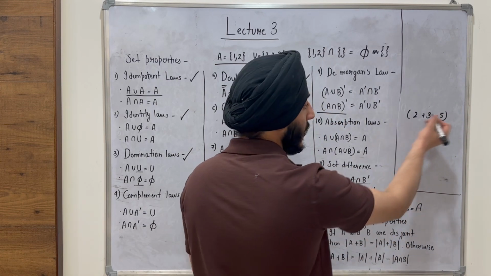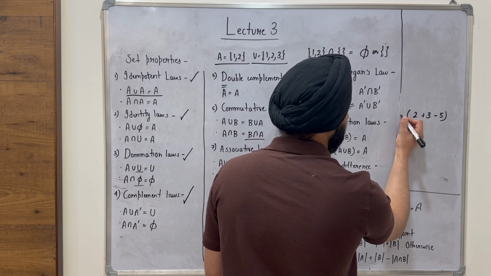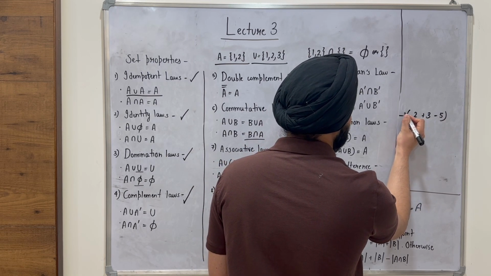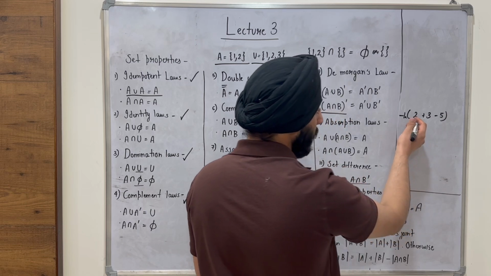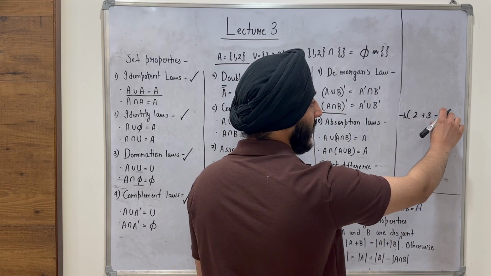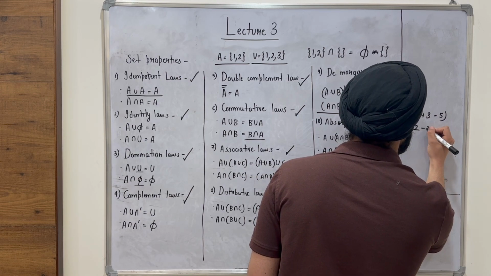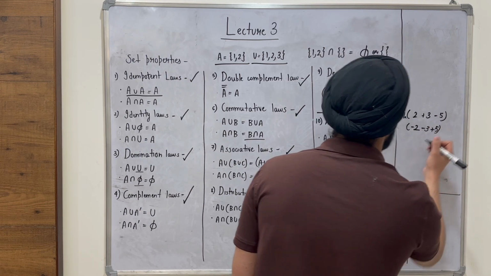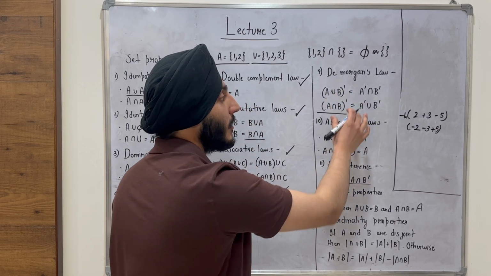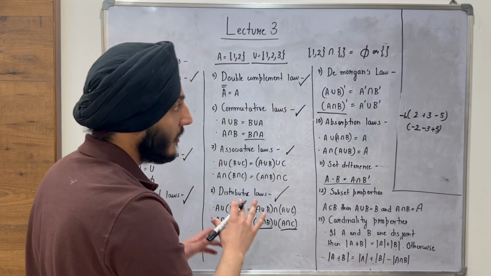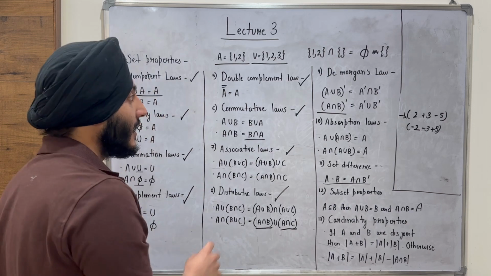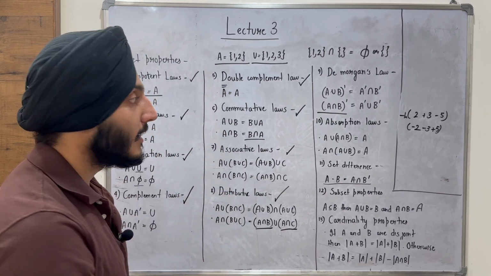I have this equation over here. If I multiply it by a minus 1, then it's going to do the opposite of symbols inside this over here. So it's going to do minus 2, minus 3, plus 5. And that is kind of like how the complement works in this case, right? That's just an idea of how it works, but I'll explain it through a question towards the end.